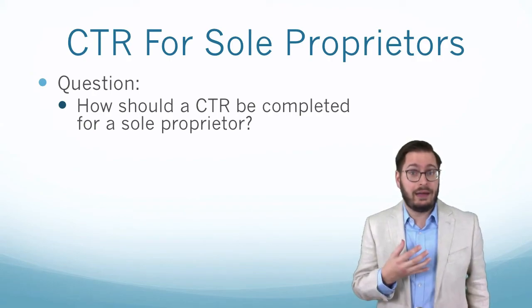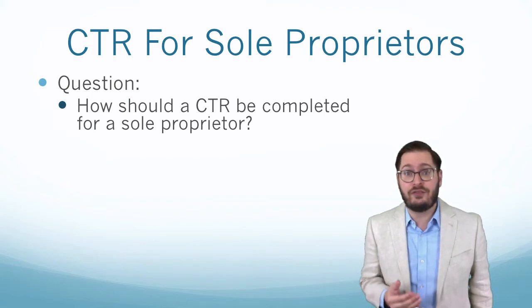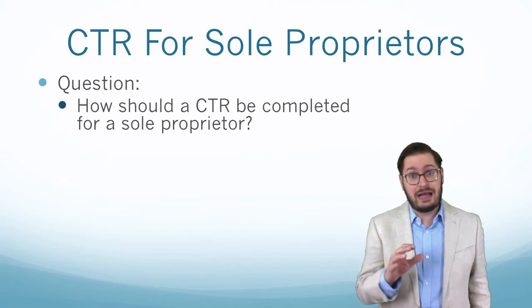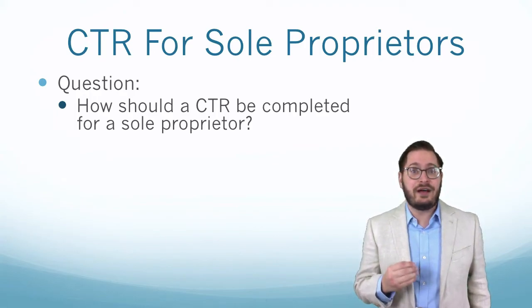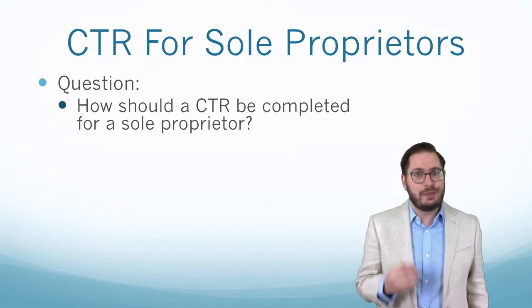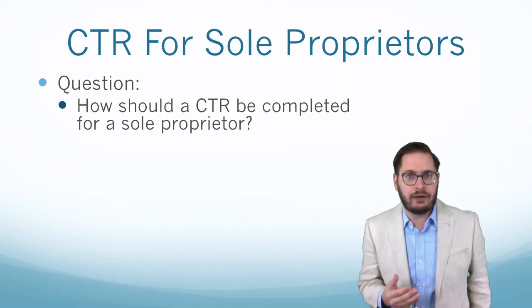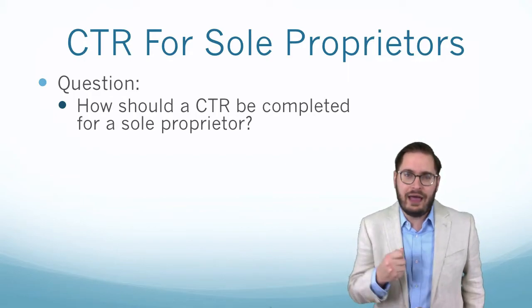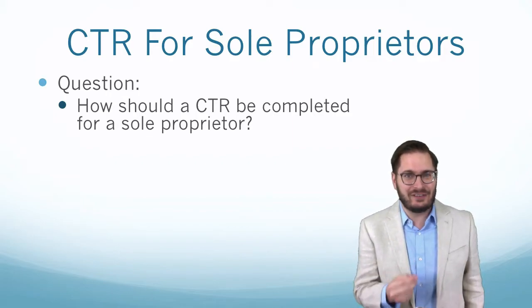So for example, Adam Whitmer doing business as, let's say, AW Photography. AW Photography is not my legal name, and in the state of Indiana where I live, I have to file an assumed name certificate to do business as something different than my legal name. So how do we complete a CTR when you have a sole proprietorship doing business as a different name?